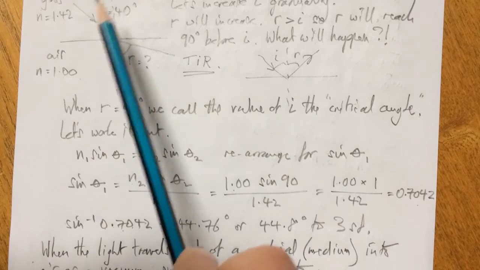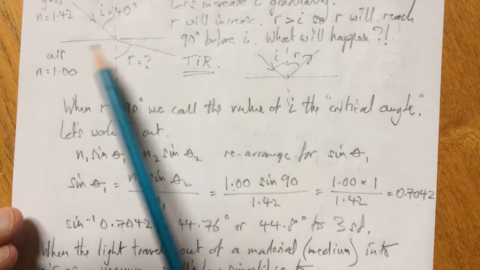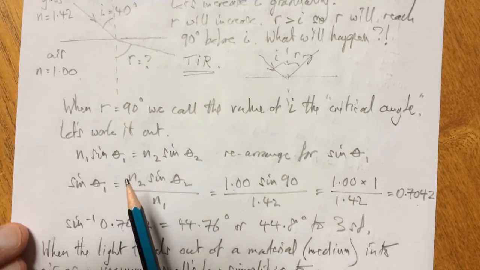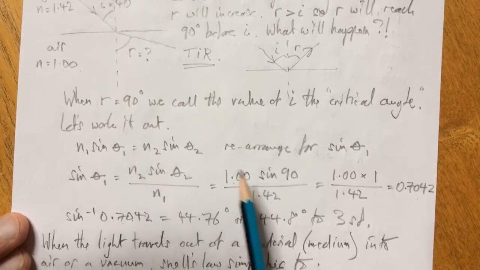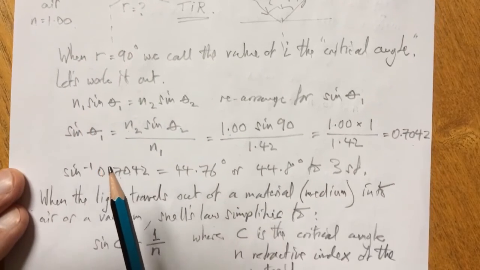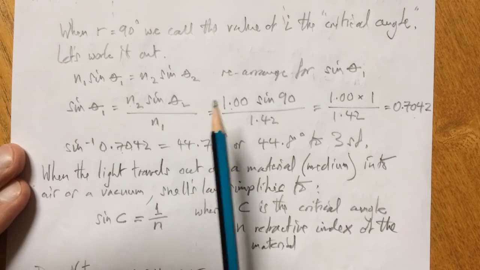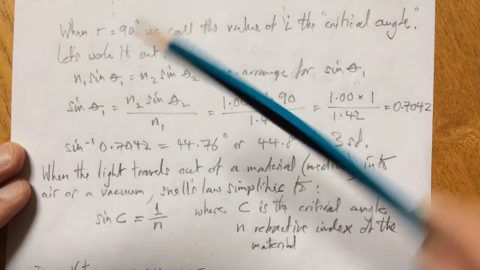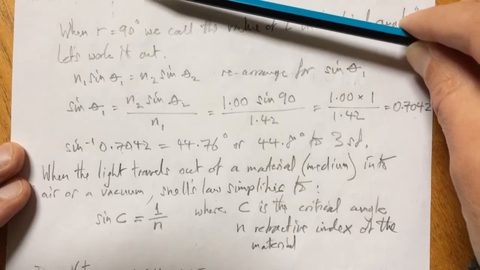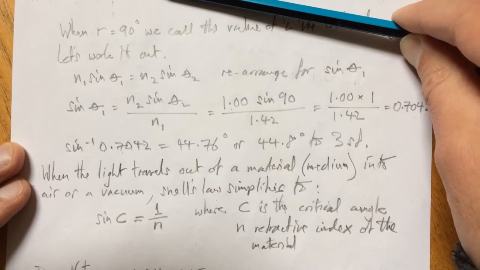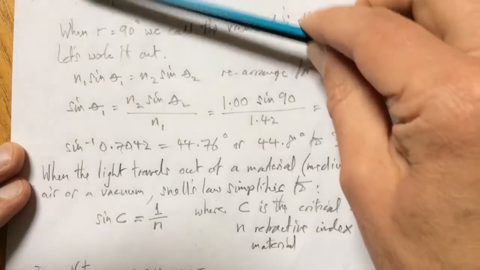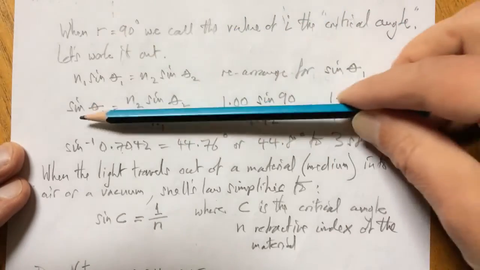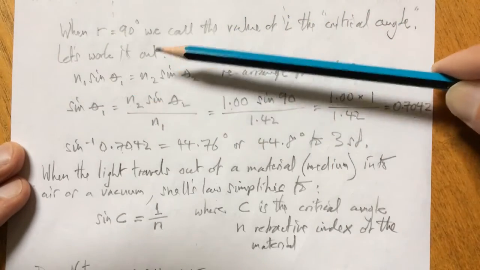And let's work it out for this scenario here. So let's put our numbers in. I'm going to rearrange the equation for sine theta 1. That's what we want to know. So theta 2 will be a right angle, and these are the refractive indices we need to work with. So I've rearranged the equation.